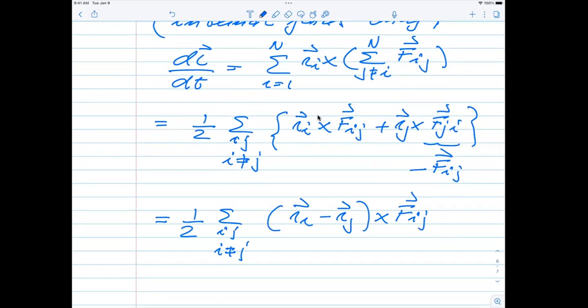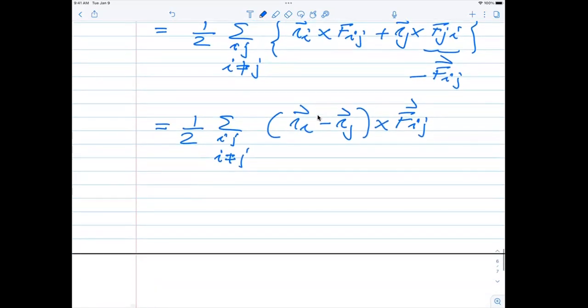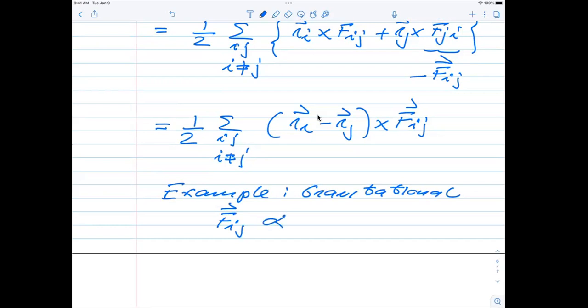Now, if you remember the gravitational force, for example, that was given by something which is proportional. So this F_ij is actually proportional to some constants and something more, but then it's proportional to r_i minus r_j.